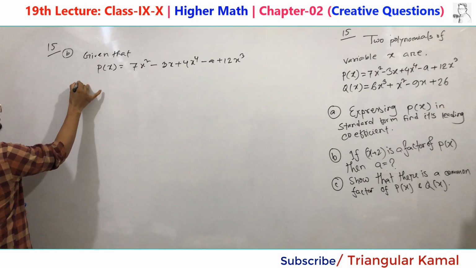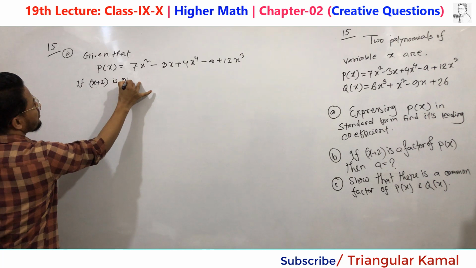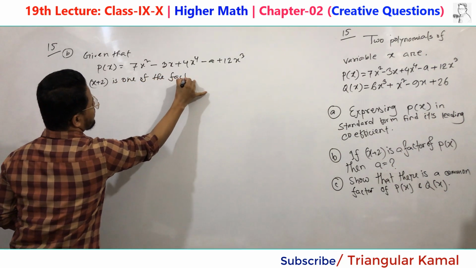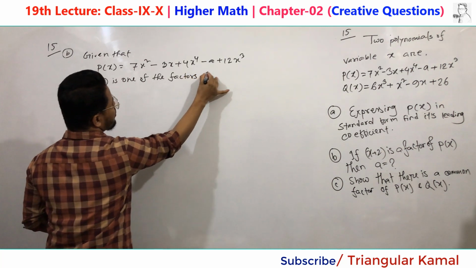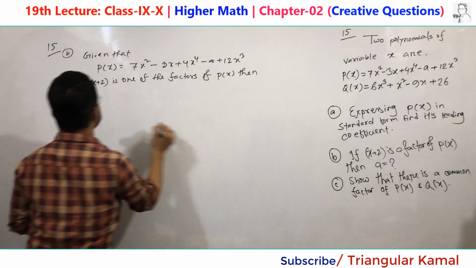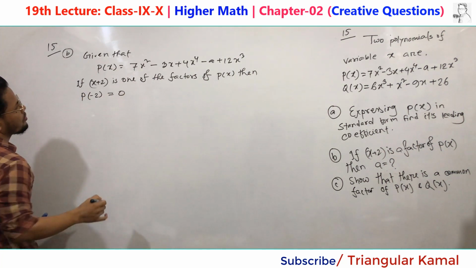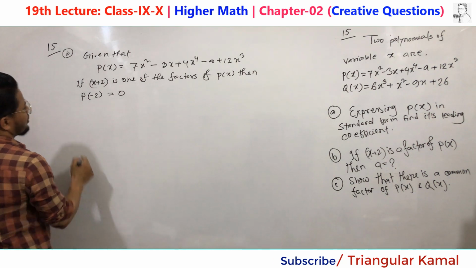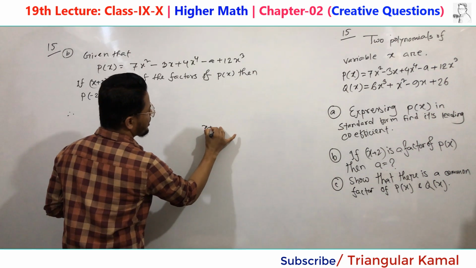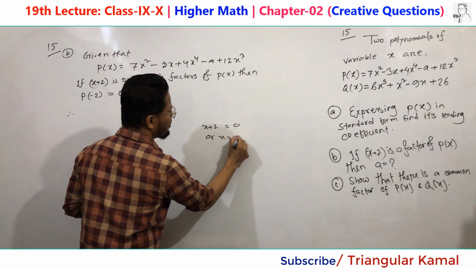And just write, if x plus 2 is one of the factors of p of x, then p of minus 2 equals 0. So now, using the remainder theorem, like x plus 2, the factor is given, considering it 0, then x will be minus 2.